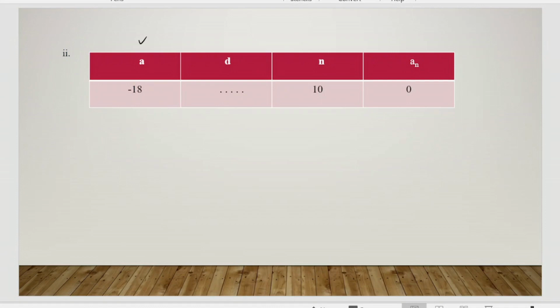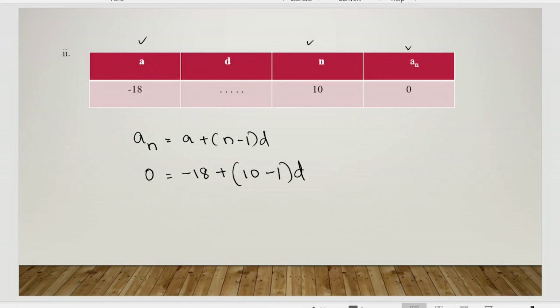Clear? So this is the second question. He has given the A value, the N value, and he has also given the nth term of an AP. We need to find the common difference. So what is the formula? We will be using the same formula, which is AN is equal to A plus (N minus 1) D. He has given AN as 0, and A is minus 18, plus (N is 10, minus 1) D. 0 is equal to minus 18 plus 9D.